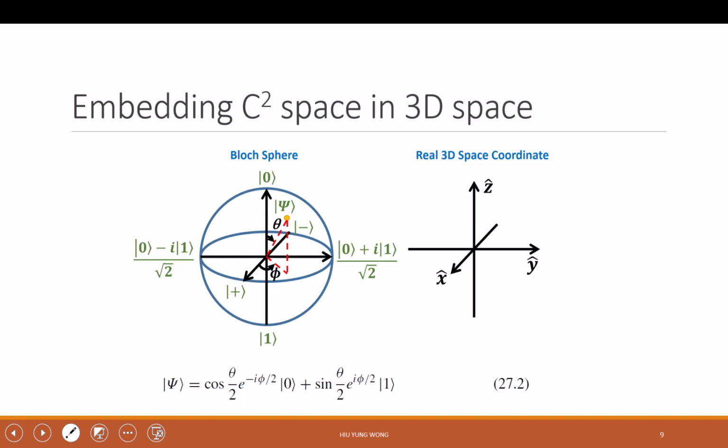Every point on the sphere corresponds to one state in the space that we cannot see, because every point has a theta and also phi. It's so simple. Every point on this unit sphere has a theta and phi. And this maps very well to this equation.